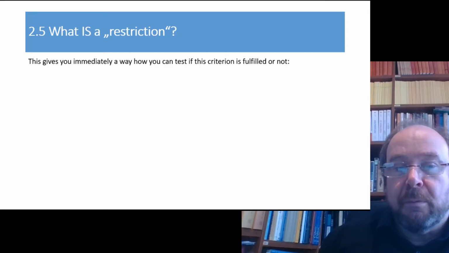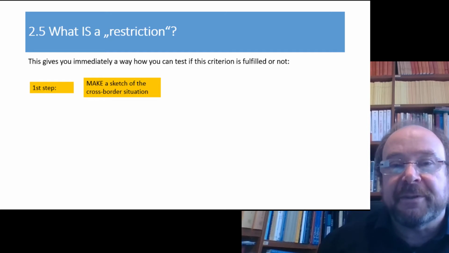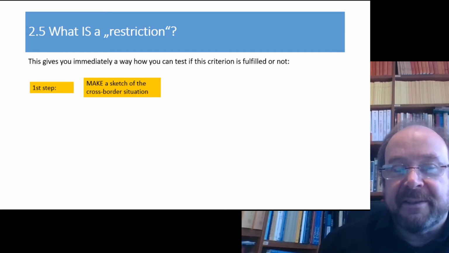And this is indeed what is mostly tested. How can you test if that criterion is fulfilled or not? Well, my first recommendation would be: make a sketch of what happens in the cross-border situation.